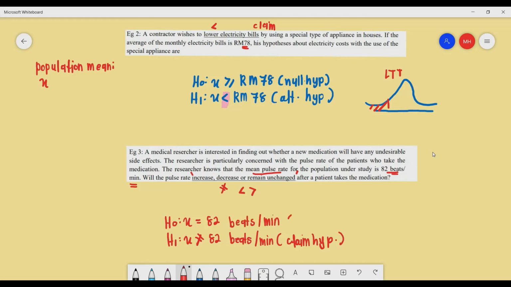So this is what we call the null. And based on the symbol in the alternative hypothesis here, we know that this one is a two-tailed test. Okay, I think that's all for how to write the null and alternative hypotheses.